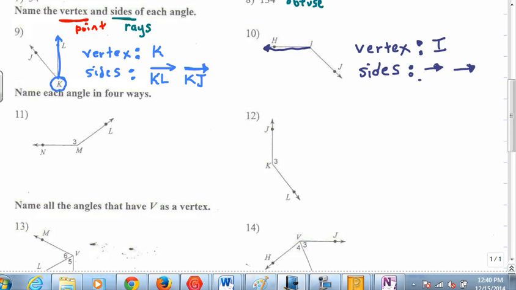We know that I is not on the arrow side, so I'm going to put it on the left of both of these. So the side that I just highlighted, we would name it what? Ray IH. And the other side, we would name Ray IJ. Just arrows. Your arrows don't have to be fancy.